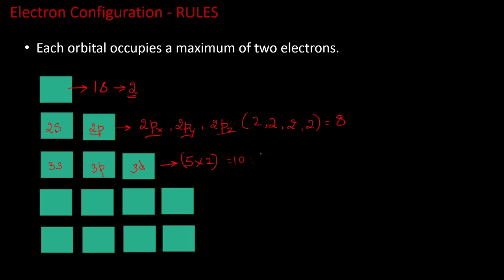Therefore, the total number of electrons in the third shell would be 2 from the s orbital, 6 from the p orbital and 10 from the d orbital, and totally we have 18 electrons. So that way each orbital can occupy a maximum of 2 electrons and each shell can occupy a maximum of 2n square electrons.